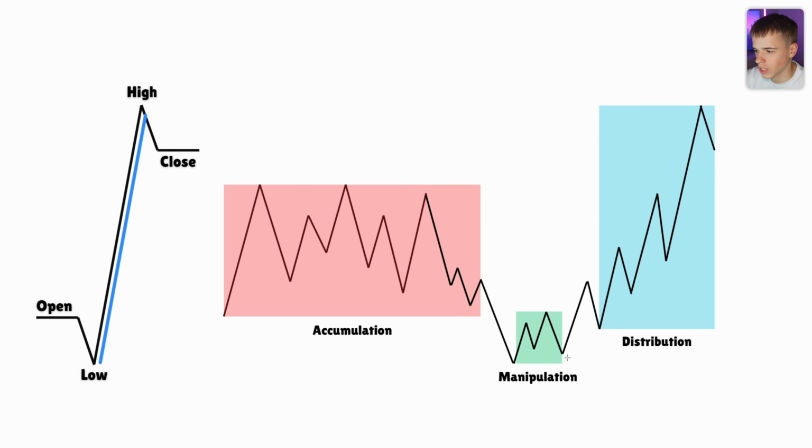You can see it's starting after the manipulation to then target all of these highs in the market right here, and then we just close somewhere after that, which is not important. What's important is that after the accumulation we had that manipulation, swept all the stop losses out, and followed by that we got the distribution towards the upside where we targeted the rest of the stop losses.